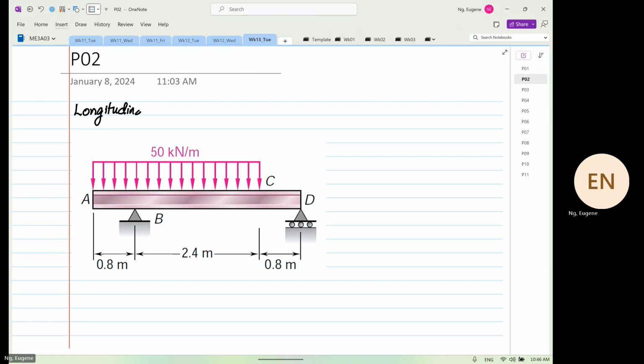Longitudinal analysis. The longitudinal analysis is not difficult to do at all.